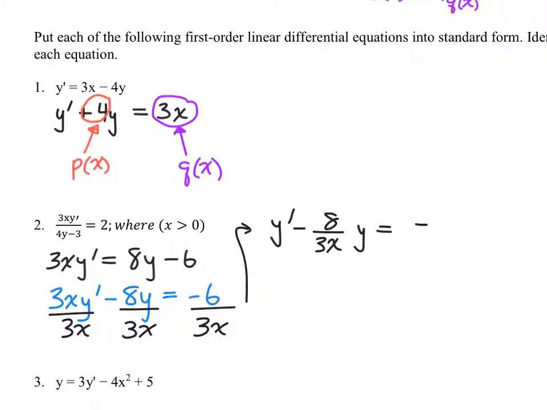Really it would be just negative 2 over x if you simplify. And so this whole shebang here is going to be your p of x. And this one over here would be your q of x.